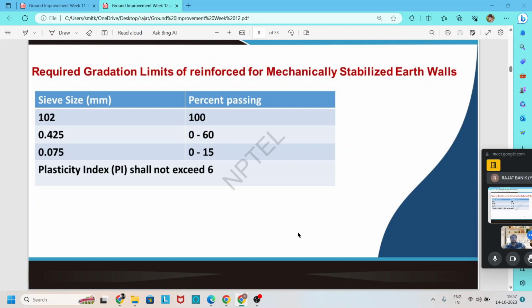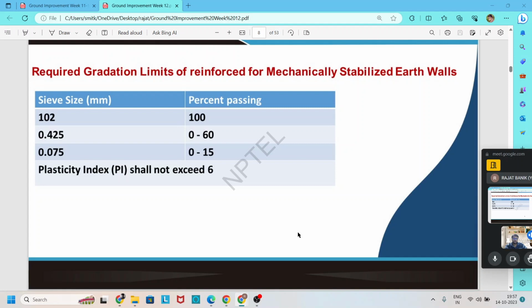For sieve size 102 mm, the passing should be 100%. For sieve size 0.425 mm, the passing should be between 0 to 60. For sieve size 0.075 mm, the passing should be between 0 to 15 percent.